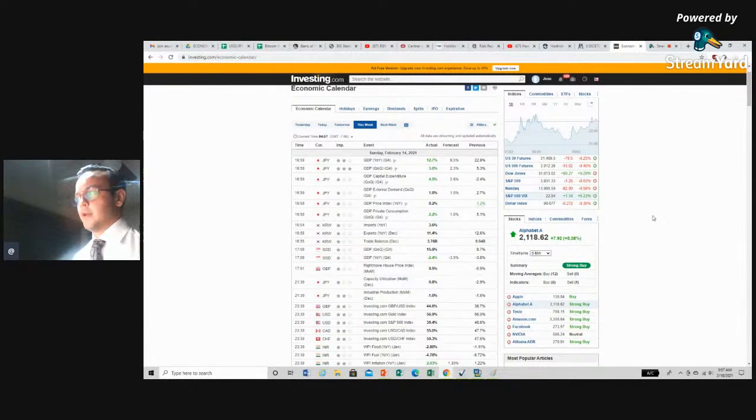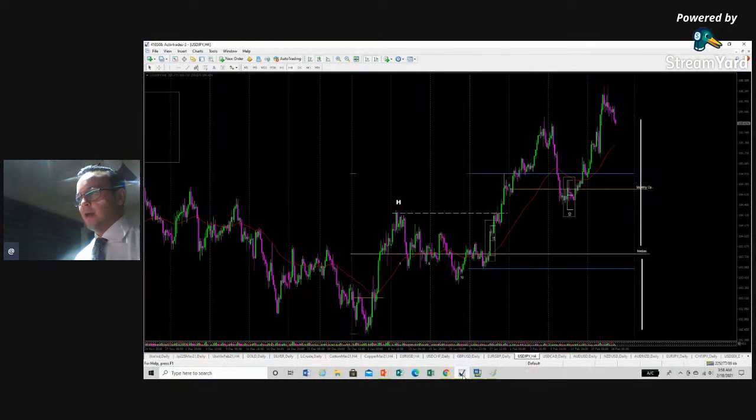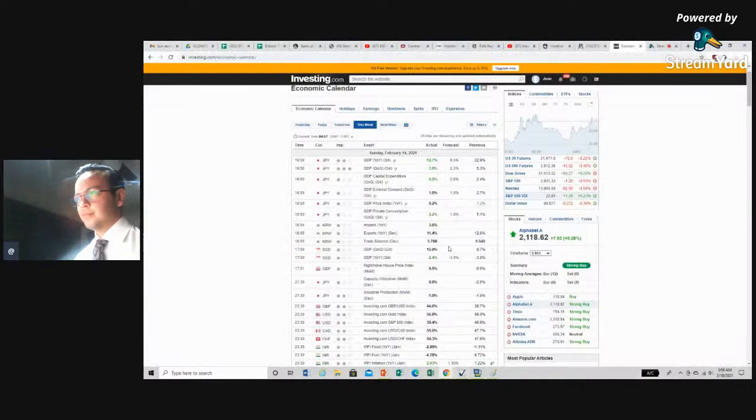It is important. It is proved by the Bank for International Settlements that what determines the short-term sentiment is the news flow. On Sunday, we had the GDP quarter of Japan, which is the pair that we're trading, and it was positive.